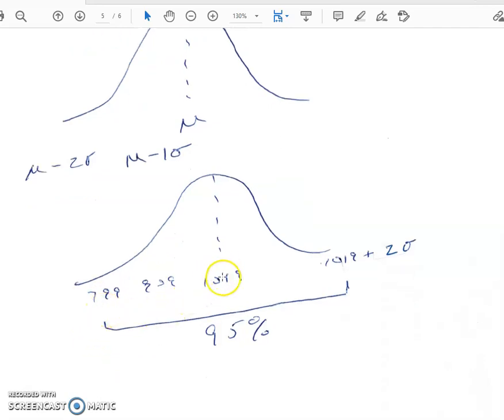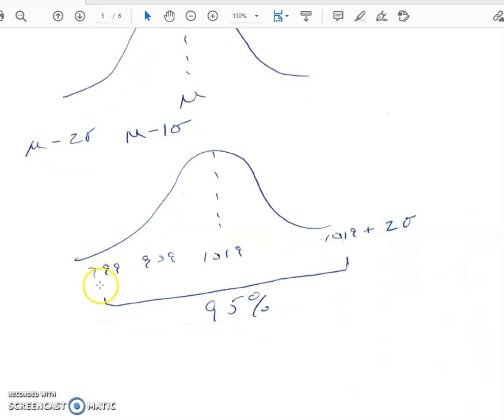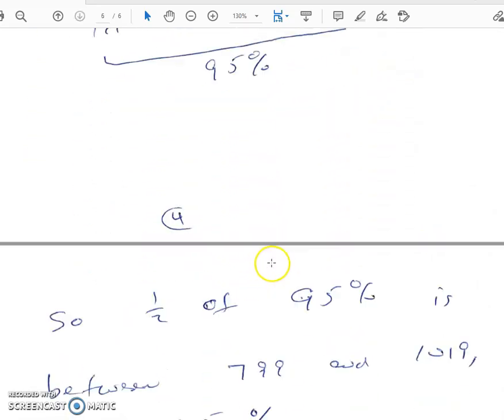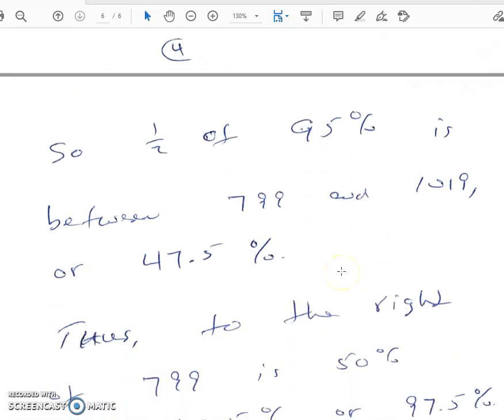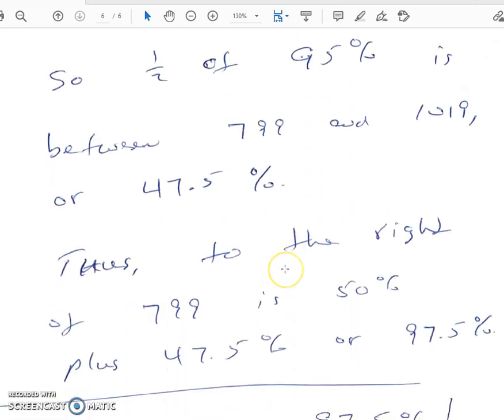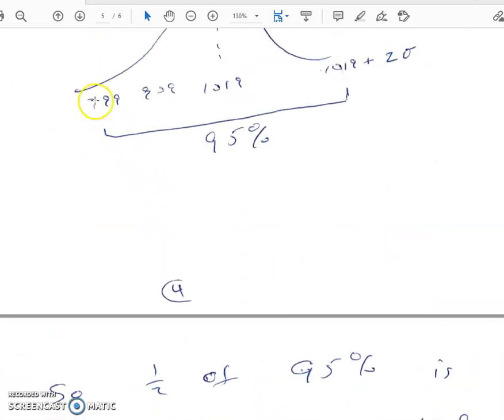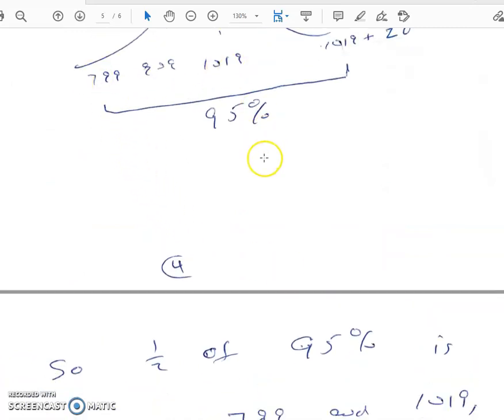So just say it all at once: to the left of the mean, 2 sigma is 799. Well, how much is between 799 and the 1019 plus 2 sigma? 95%, just like we said before. So half of 95% is between 799 and 1019, which is 47.5%.